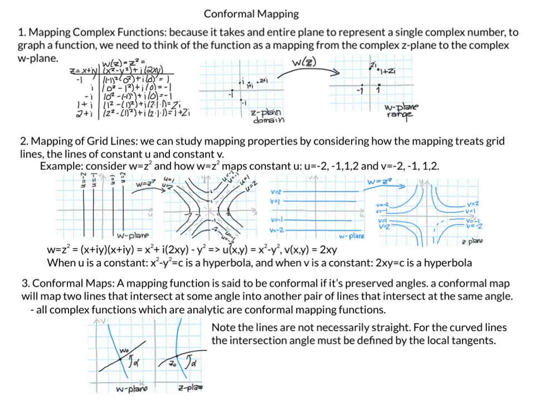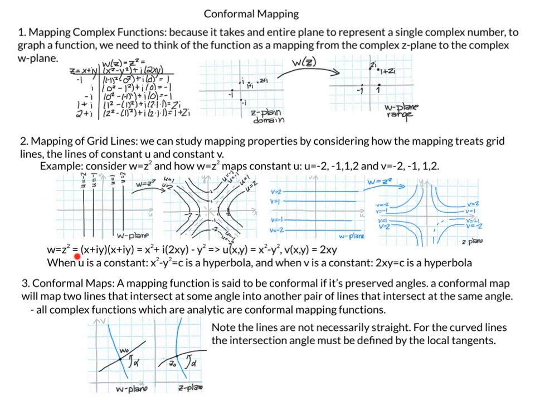We also did note that the u and v lines in the w plane intersect at 90-degree angles. Here, when we intersect these hyperbolas with these hyperbolas, theoretically, they should also intersect at 90-degree angles, and they do. Anything in the drawing that appears off is due to my drawing ability or lack thereof.